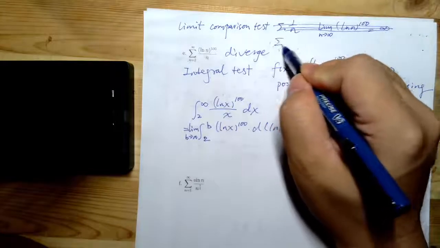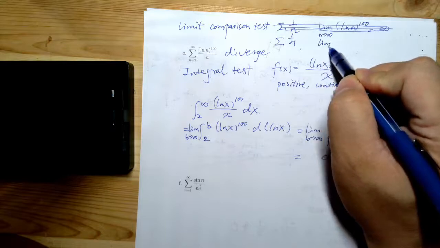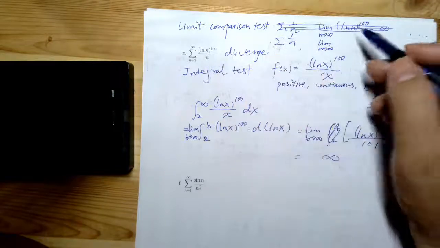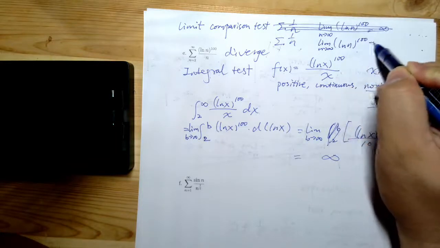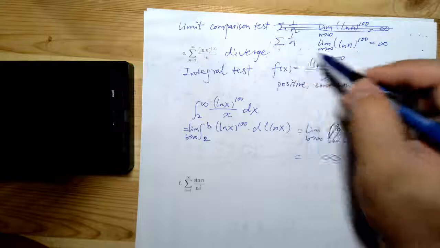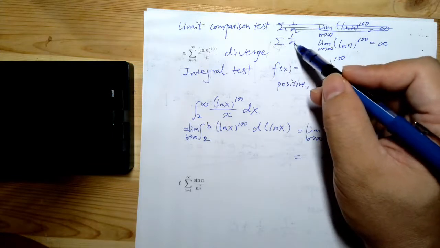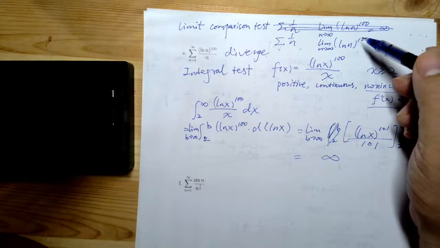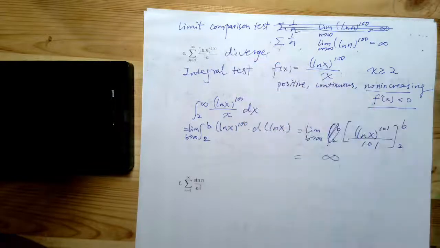Actually, it works because the limit comparison test says that if the ratio of those two expressions equals infinity, and the denominator series is diverging, then you can still conclude that the original series diverges. Okay?